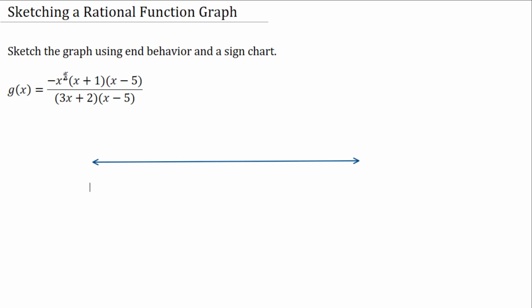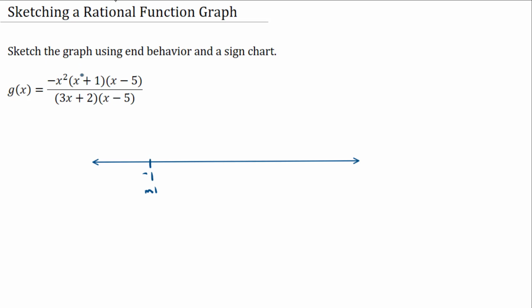We've got 0 with multiplicity 2, negative 1, multiplicity 1. Positive 5 has multiplicity 2 because x minus 5 shows up twice. And if we set 3x plus 2 equal to 0, we can see that x would be negative 2/3, and that's multiplicity 1. So it looks like negative 1 is our first critical value, multiplicity 1.